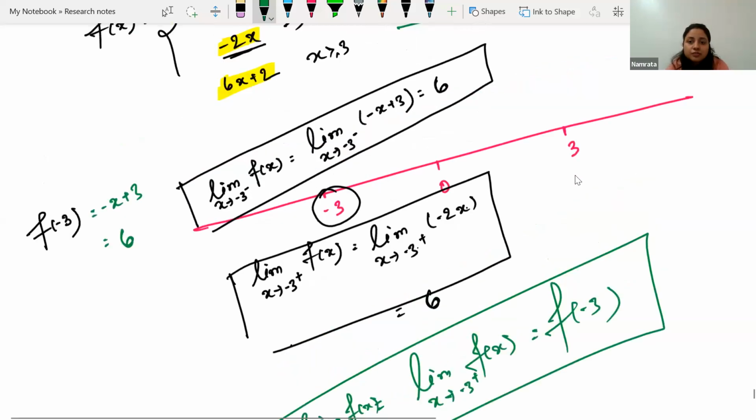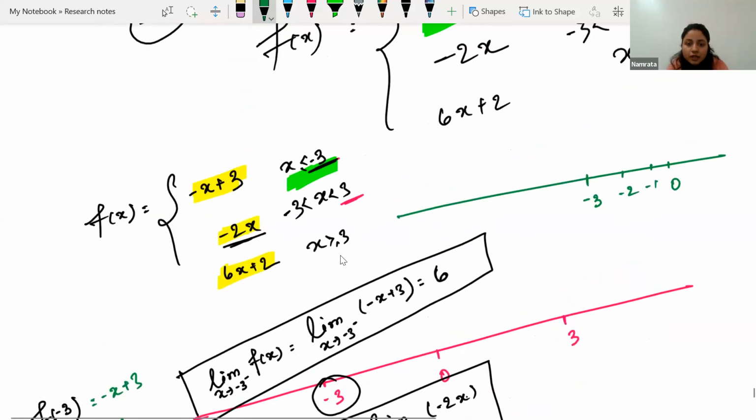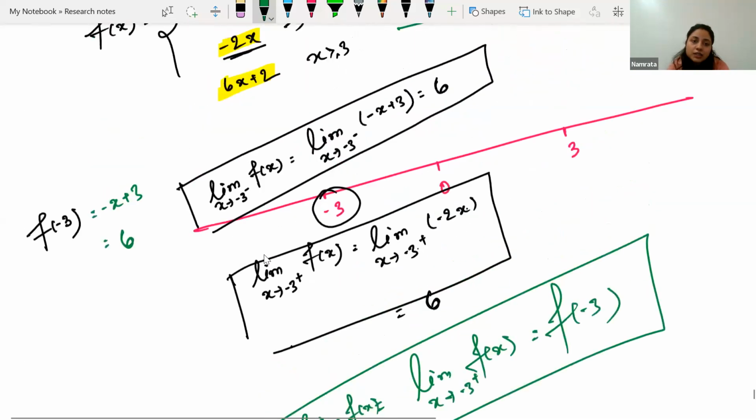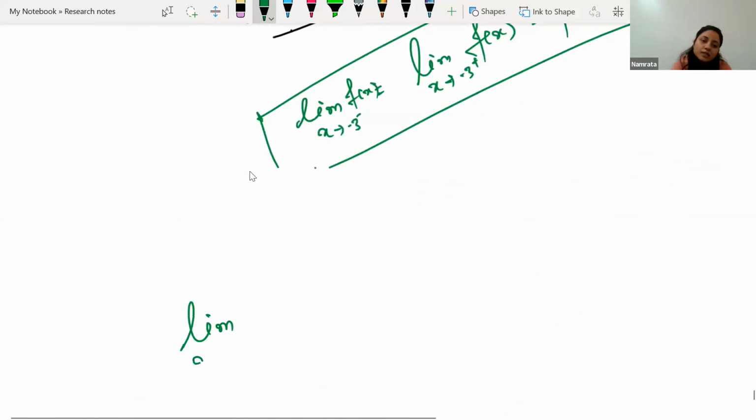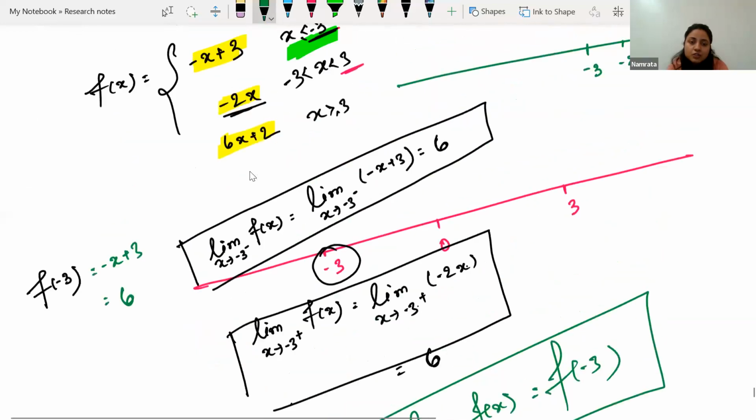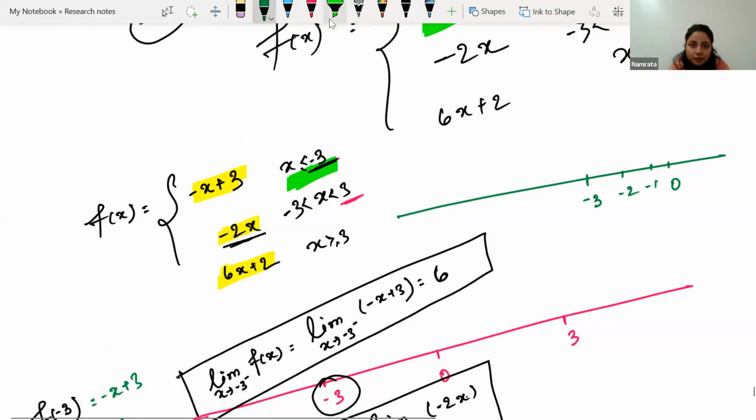Now let's check at 3 because these two points are mentioned over here. So at 3 we will be checking. When we take limit x tends to 3 minus, the left hand limit of 3, let's see which function we will be taking. We are talking about less than 3.